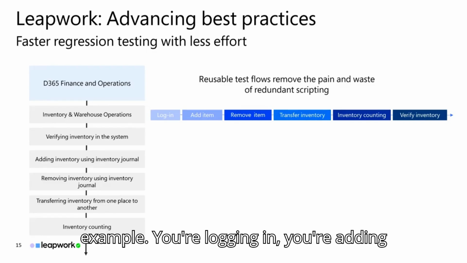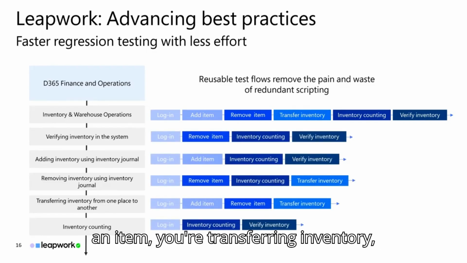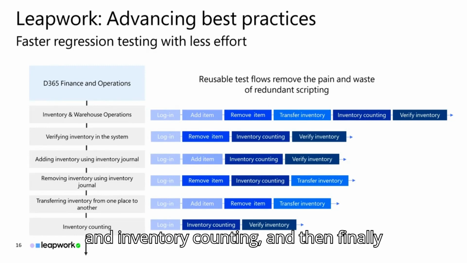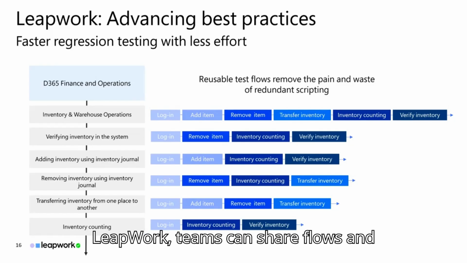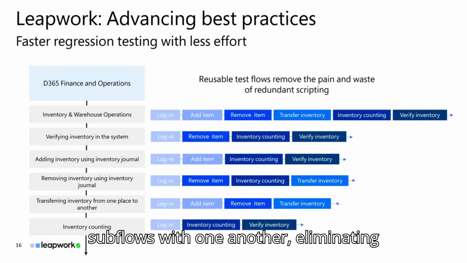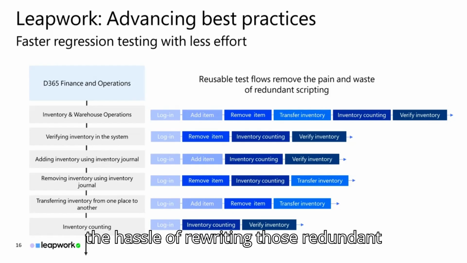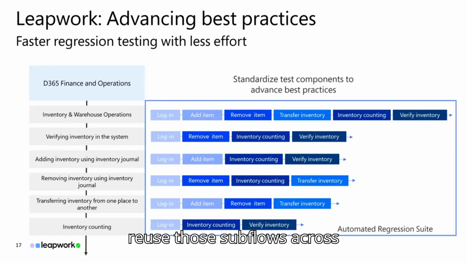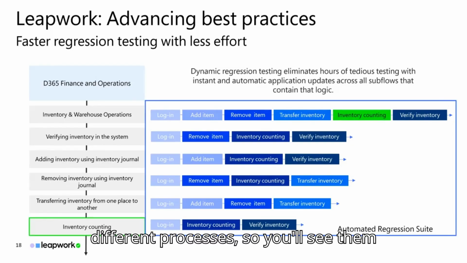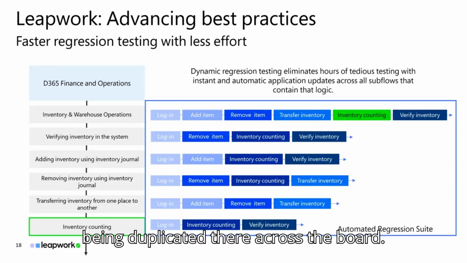You're logging in, you're adding an item, you're transferring inventory, and inventory counting, and then finally verifying that inventory. With Leapwork, teams can share flows and subflows with one another, eliminating the hassle of rewriting those redundant scripts. And as you can see, you can reuse those subflows across different processes. So you'll see them being duplicated there across the board.